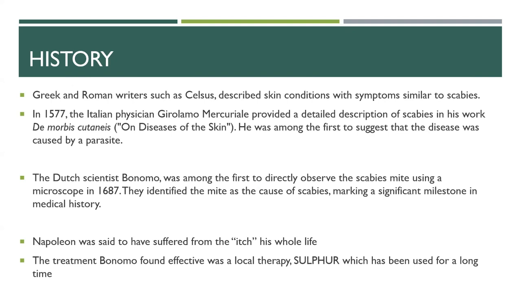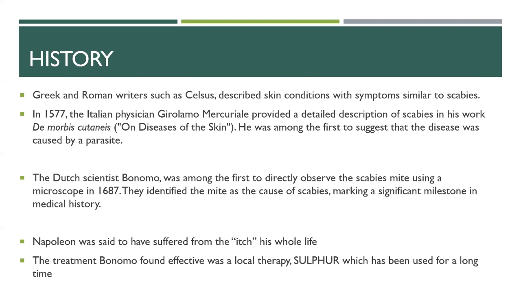For time immemorial, like around the old times, Bonomo, who is one of the Dutch scientists we just described earlier, started using sulfur as a way of treating the itch, and it was found to be effective. But this sulfur had to be given for a period of time, even after the itch stopped, so that it could also work on the mites that had just hatched.